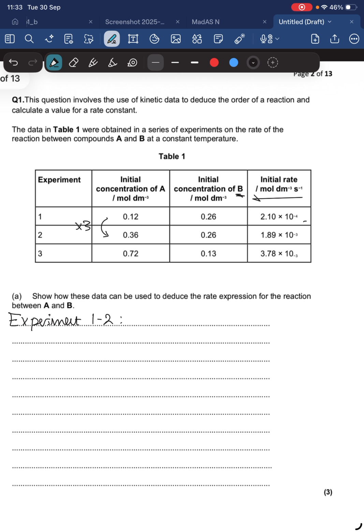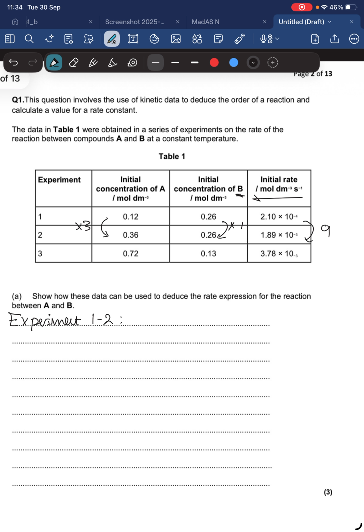Now if you put the rate in a calculator, you'll notice that this is times by 9, okay? However, the concentration of B has not changed, so this is times by 1. The concentration of B has not changed, but because of A changing, the initial rate has times by 9. What does that tell us?